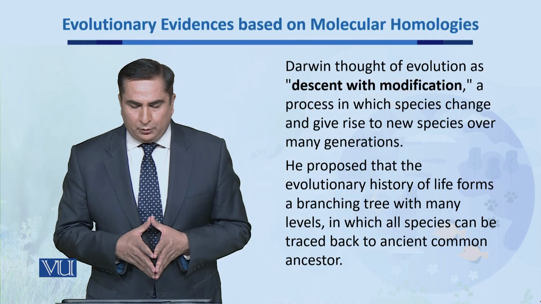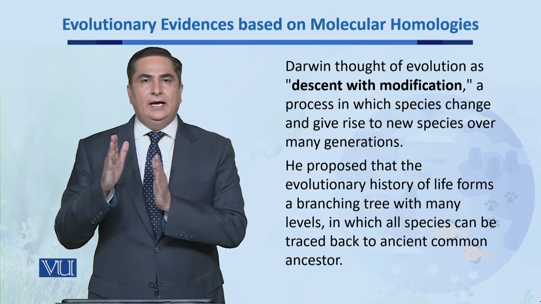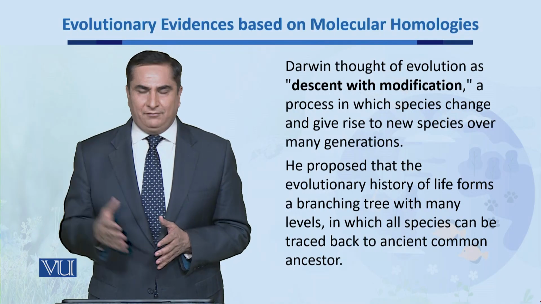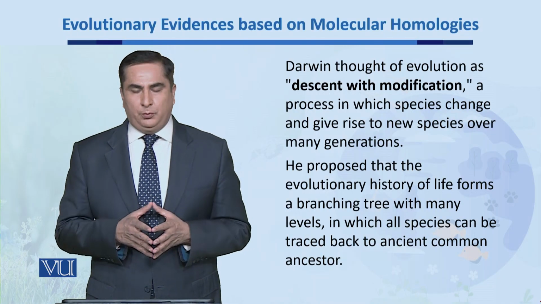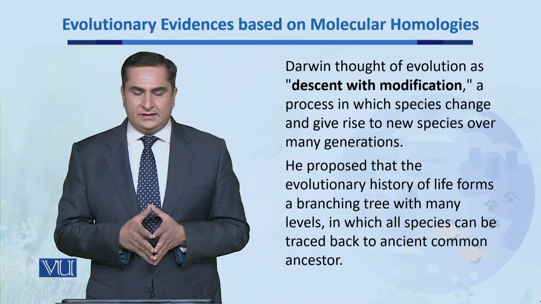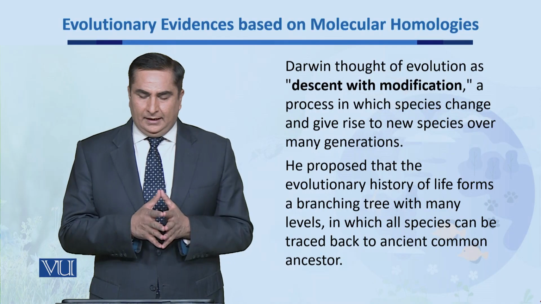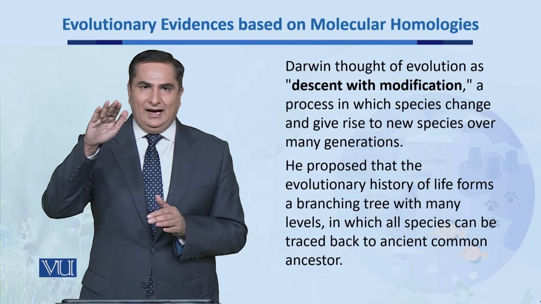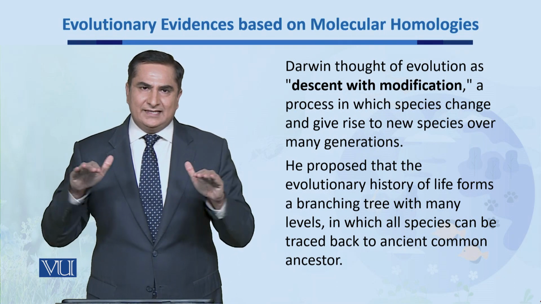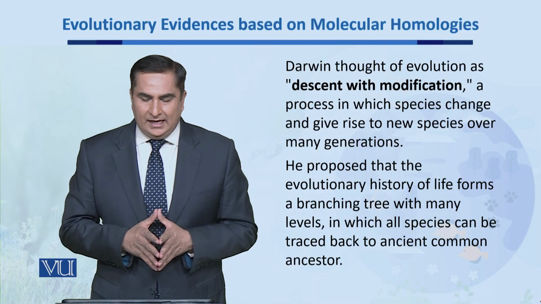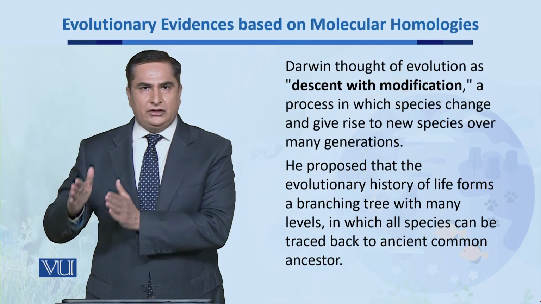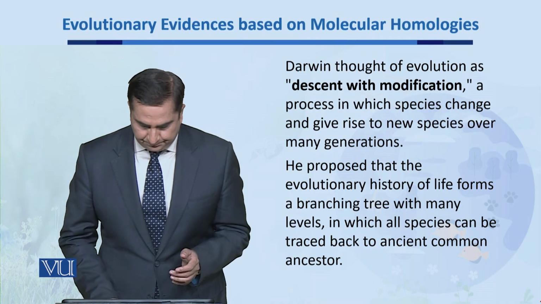It's a process in which species change and give rise to new species over a course of several generations. He also proposed that the evolutionary history of life forms a branching tree with many levels, in which all species can trace back to an ancient common ancestor.